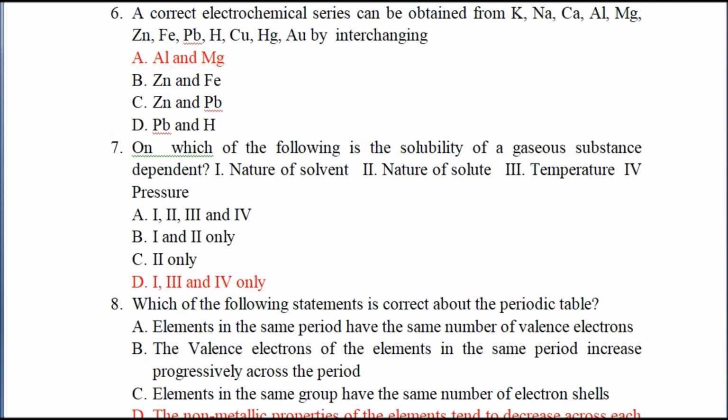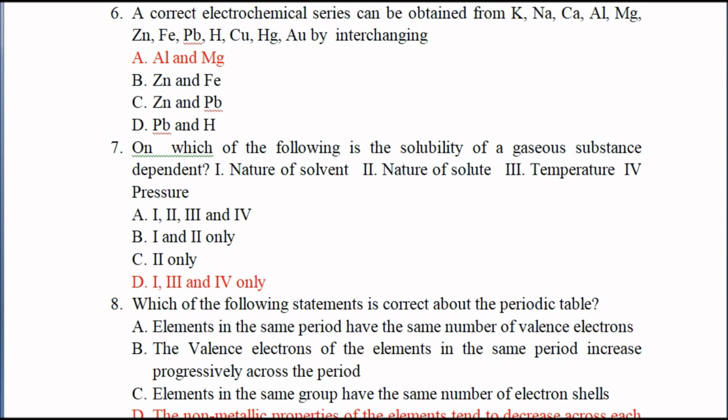Which of the following statements is correct about the periodic table? A. Elements in the same period have the same number of valence electrons. B. The valence electrons of the elements in the same period increase progressively across the period.